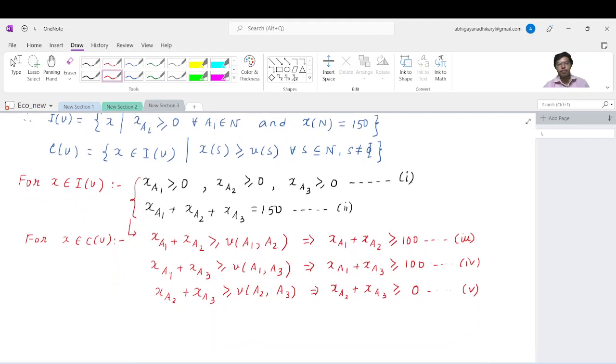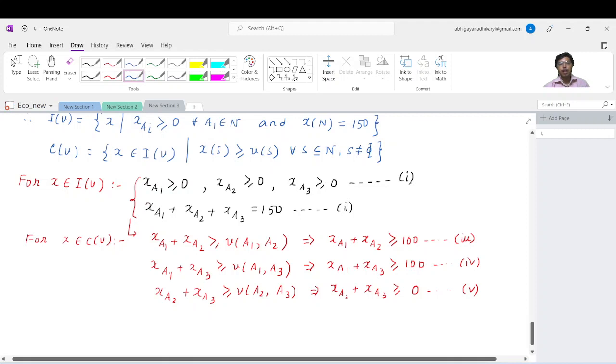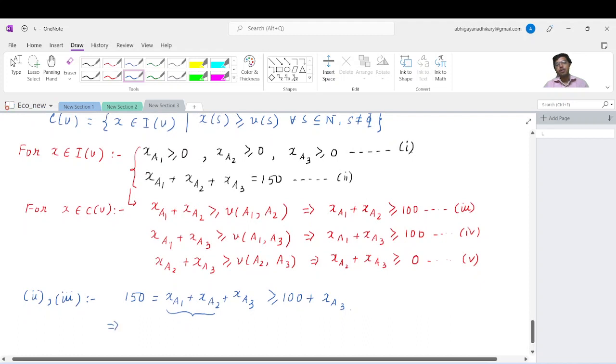So let's go step by step. Firstly, let us consider equation number 2 and equation number 3. From these two, what can we conclude? If I flip sides from equation 2, we can write 150 equals x of a1 plus x of a2 plus x of a3. And from equation 3, we can see that x of a1 plus x of a2 is greater than or equal to 100. So I can write this as greater than or equal to 100 plus x of a3. Simply substituting, bring the 100 to the left.